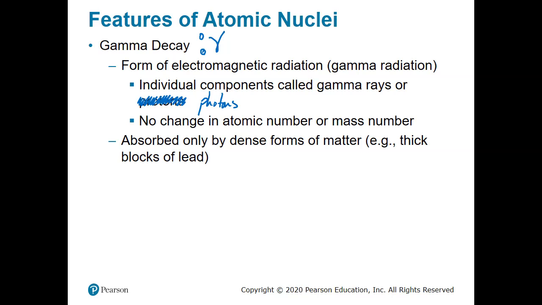At any rate, because there is no mass, there is no charge. This is pure energy. So this is the highest form of radiation that we have. And because of that, it takes considerable density to block it. So gamma rays go completely through your body.